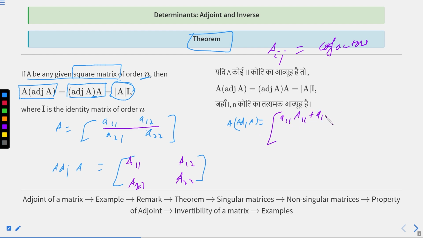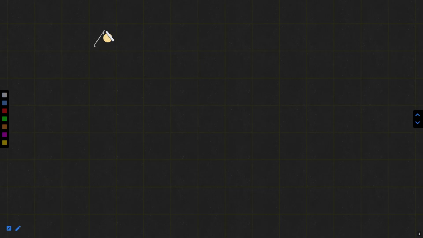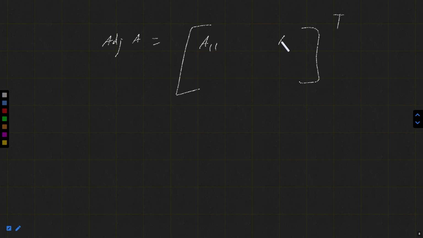Let me once again give you: adjoint of A is nothing but the transpose of the cofactor matrix A11, A12, A21, A22.